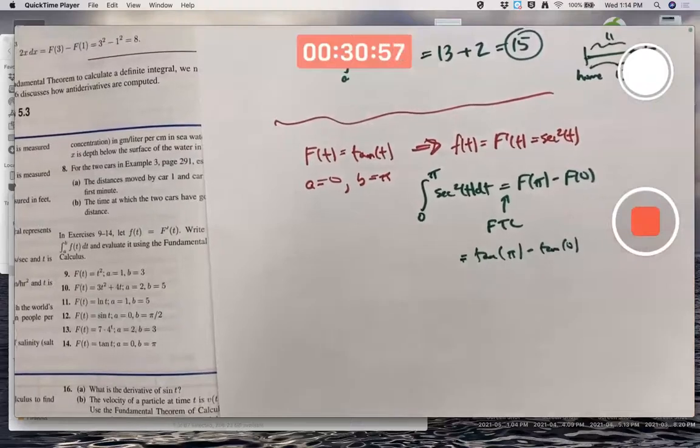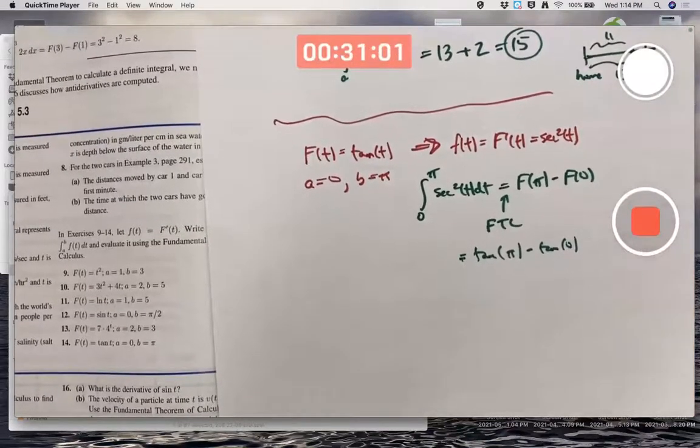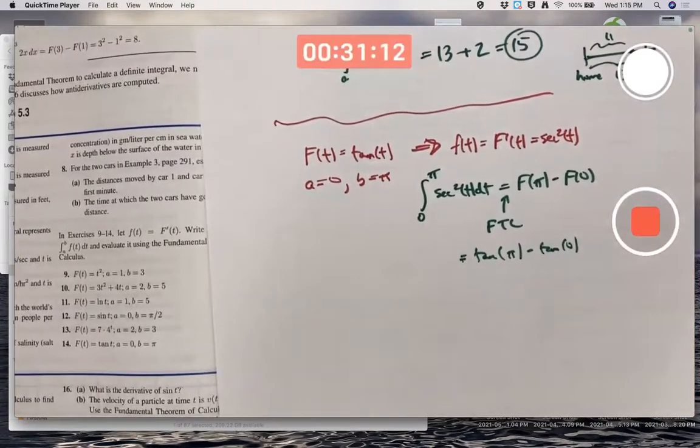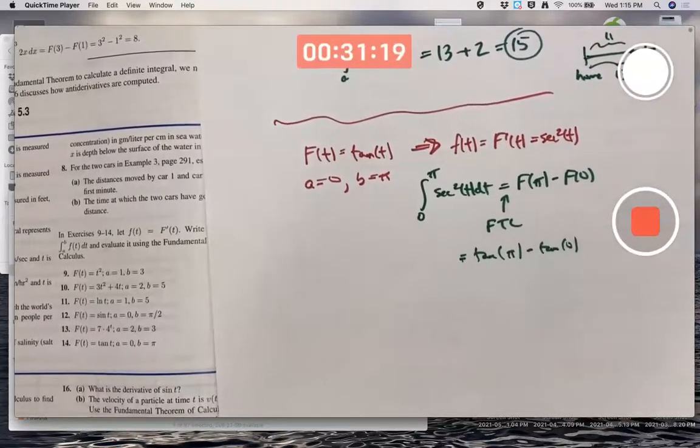And actually, I'm realizing the book, in doing this problem, I think the authors weren't thinking very carefully. Because the secant function actually has a vertical asymptote between 0 and pi. Let me change the problem. Glad I didn't assign this problem.